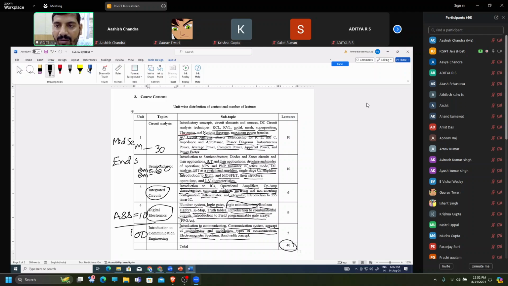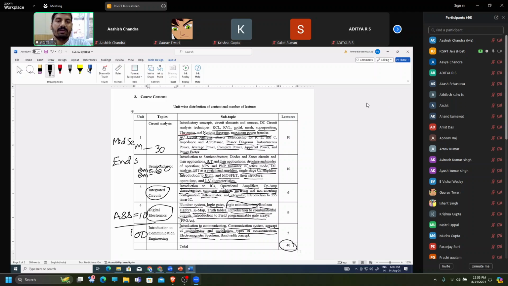In the lab you will be evaluated separately out of 100 marks: 50 marks for internal assessment and 50 marks for practical.